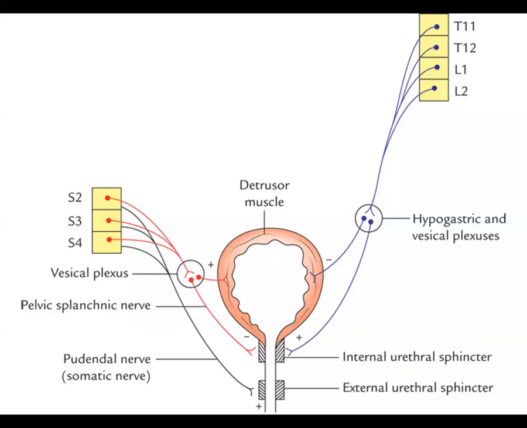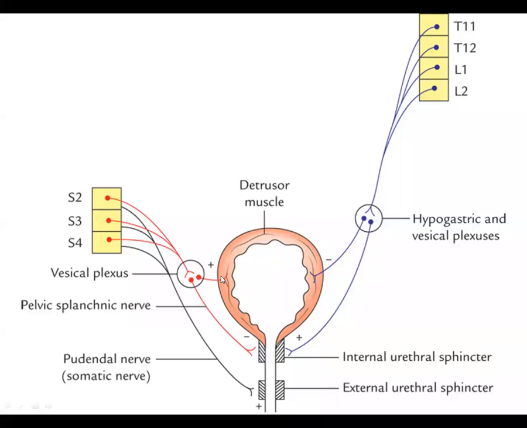Now the parasympathetic. The parasympathetic is by S2, S3, S4, called the pelvic splanchnic nerve, also called the nervi erigentes. This parasympathetic also goes along with the vesical plexus, and it is positive, meaning it is motor to the detrusor muscle and inhibitory to the internal urethral sphincter.